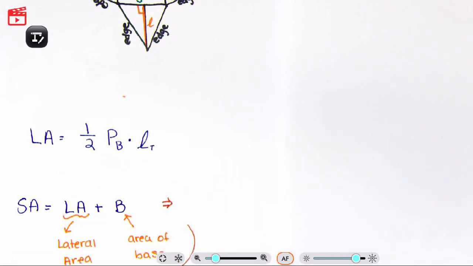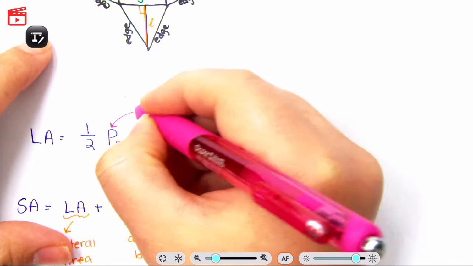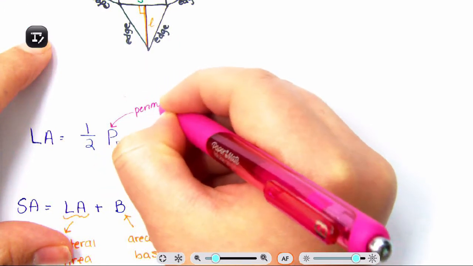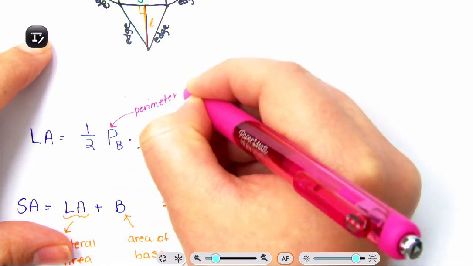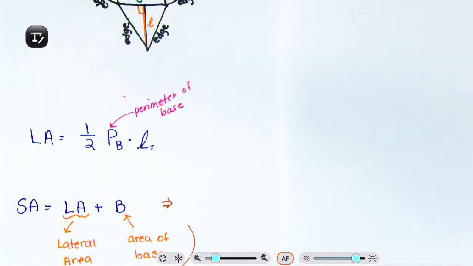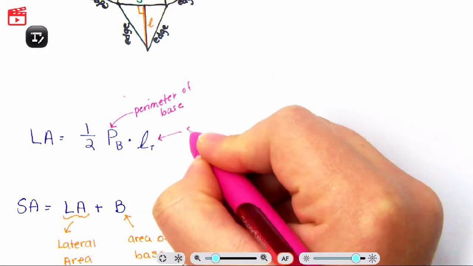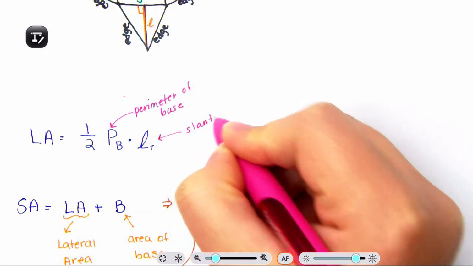You have 1/2 times the perimeter of the base times the slant height.